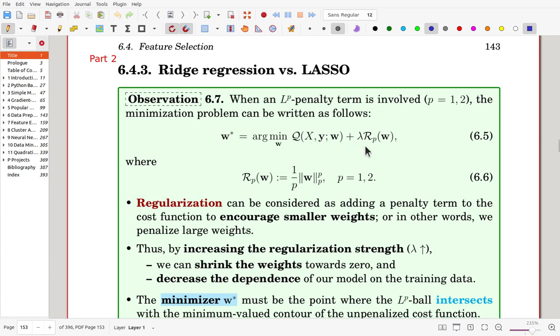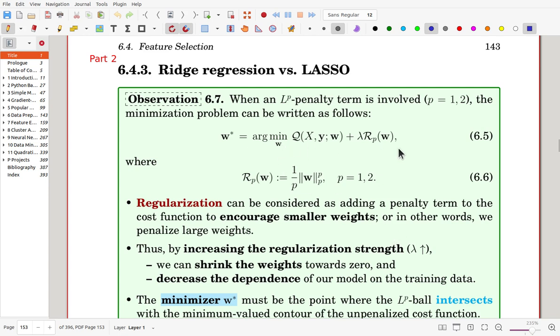For example, if lambda is extremely large, so that Q is ignored, then in minimization, when W is 0, it is minimized. So using a large strength lambda, we can get smaller weights.